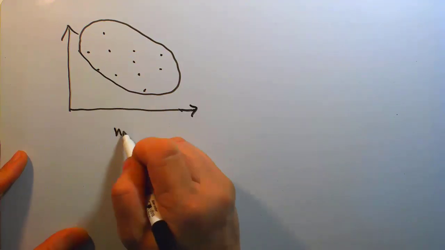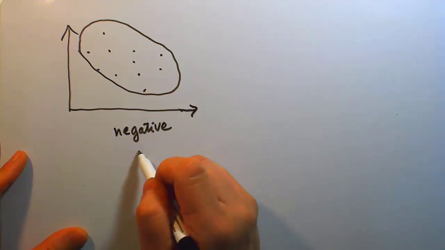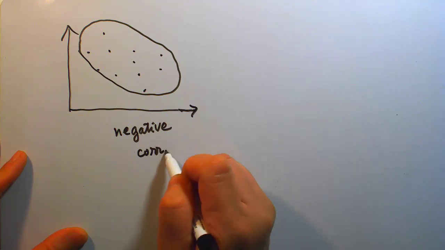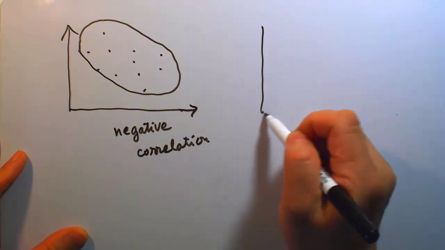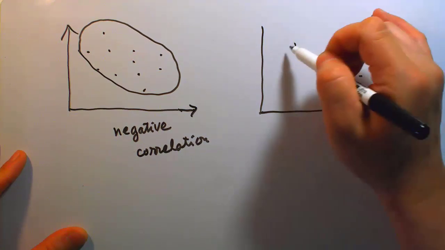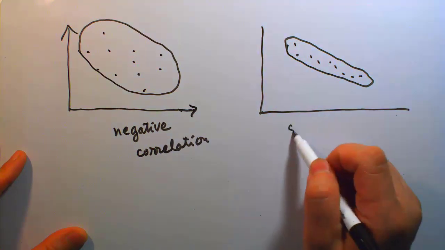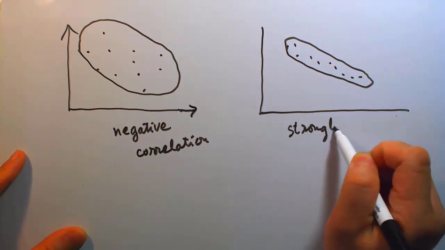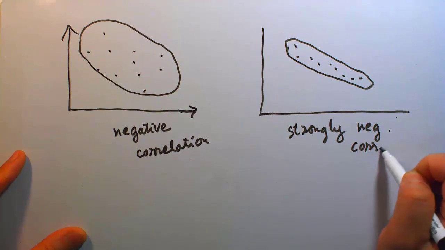Then we call this a negative correlation. And similarly, it can become stronger. Graphically speaking, it's forming a thinner bandwidth, and we call this a strongly negative correlation.